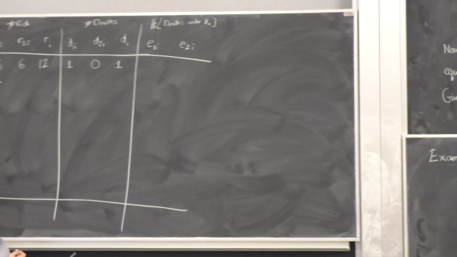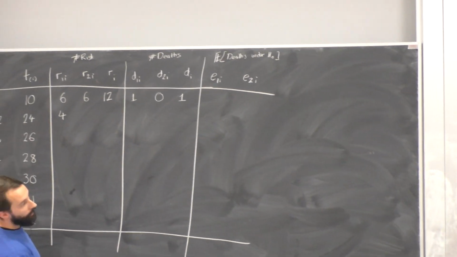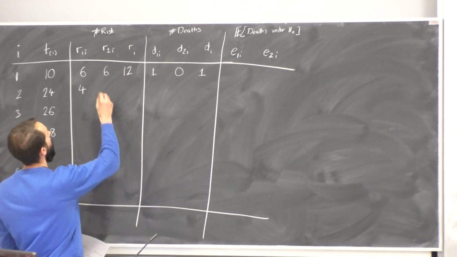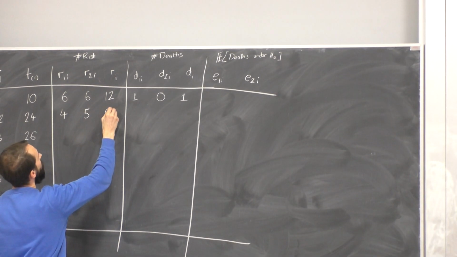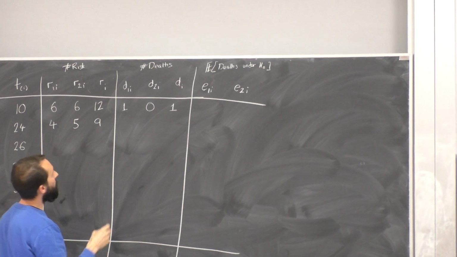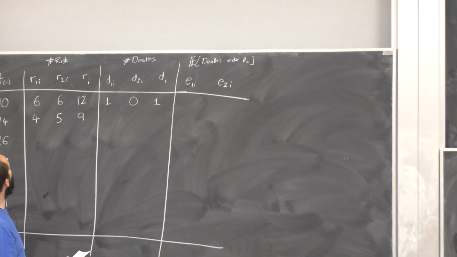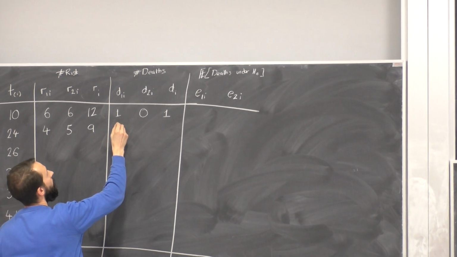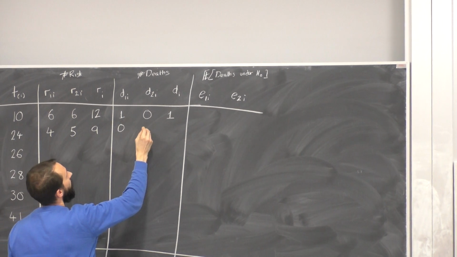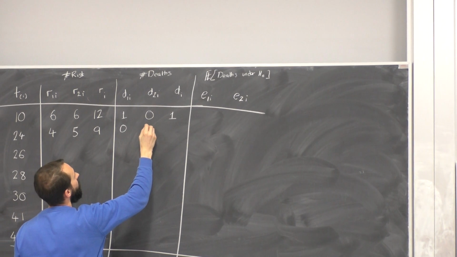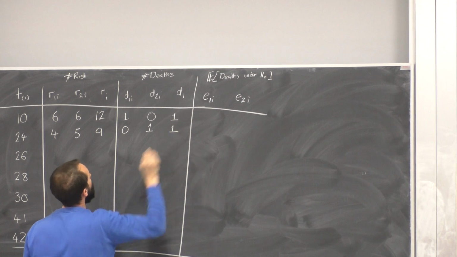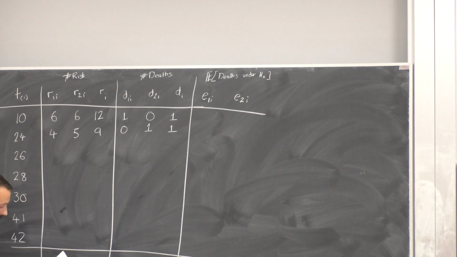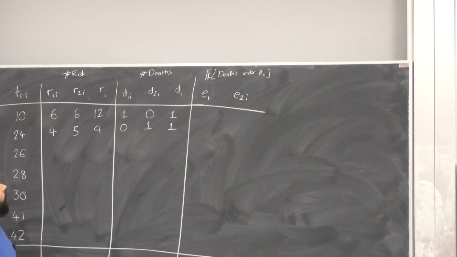How many in group 2? 5. Yeah. Okay. And then how many deaths in group 1 at 24 weeks did I actually observe? Okay. How many in group 2? So 1 in total. Okay. So now 26 weeks. How many people are in group 1?